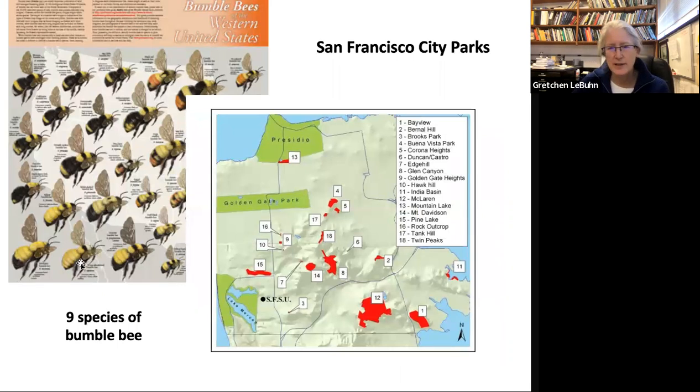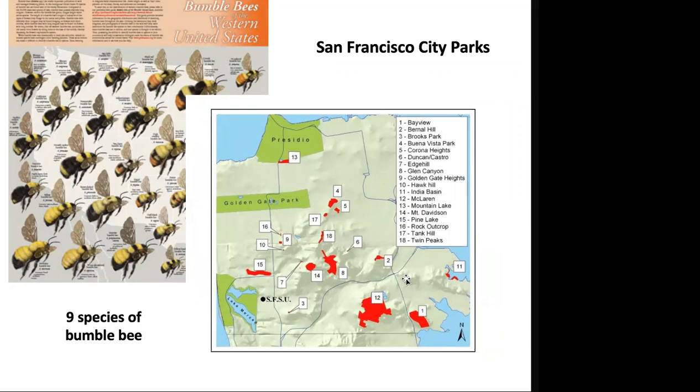For those of you who know San Francisco, the Golden Gate Bridge would head north here. The Bay Bridge would head this way over to Berkeley. So this goes up to Marin, Napa, and Sonoma. And these are the big city parks that have wildlands on them. And we decided to go check out those wildlands and see how many different bumblebee species we could find there.